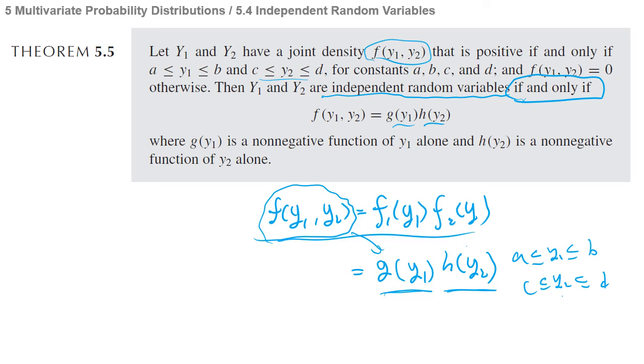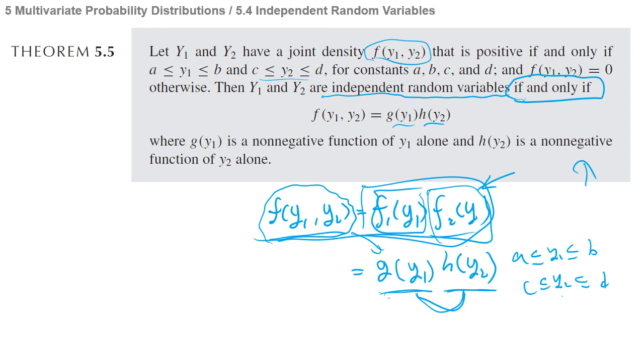So it is much easier to show than the previous one. To use the previous theorem that we learned, we must show the first part and second part are density functions, but with this theorem we just need to show that the joint density function is a product of two functions. One is related to y1 and the other is related to y2.